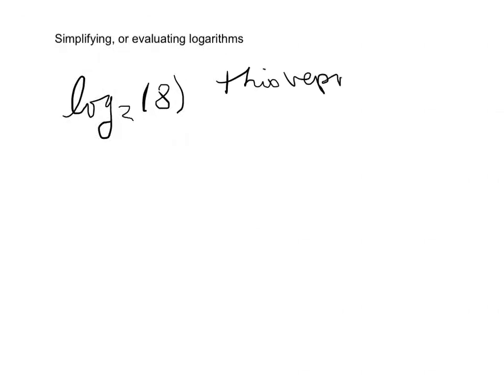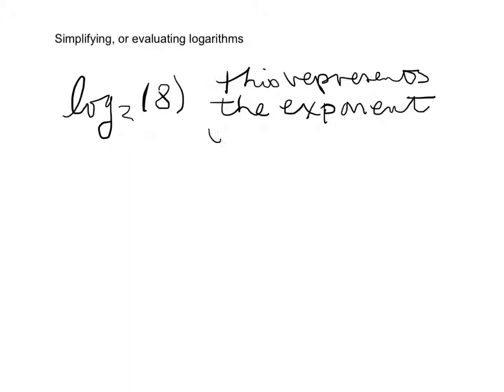So let's look at what it means to simplify or evaluate a logarithm. So here is a logarithm expression: log base 2 of 8. And we want to know what that means. The important thing to get here is that this represents the exponent, right? Logs are exponents. This represents the exponent we put on the base, which in this case is 2, to get 8.